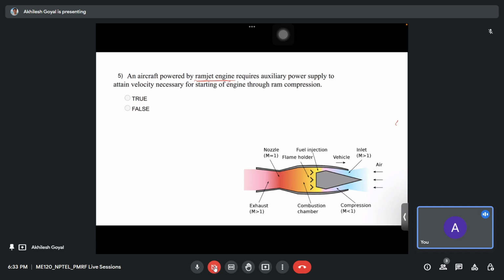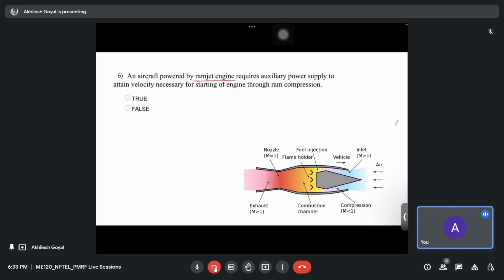So to start an aircraft that is powered by a ramjet engine, we need an auxiliary power supply to attain a particular velocity to get that ramming effect of the incoming air into the picture.